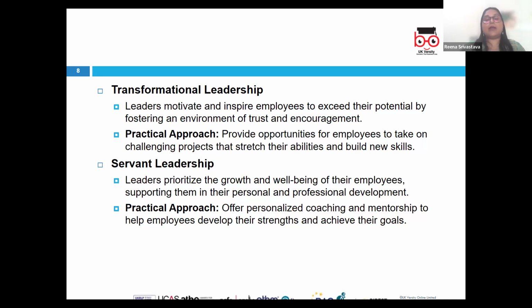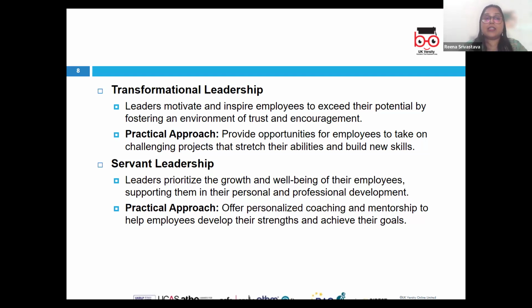For example, a leader might assign a team member who has strong project management skill to lead a major initiative, thereby leveraging their strength and ultimately growing their leadership abilities. This trust or this empowerment of the employee will significantly boost the confidence and the performance of the employee.